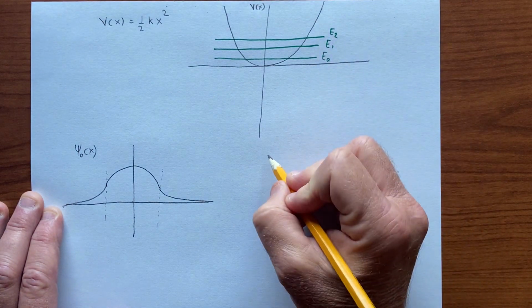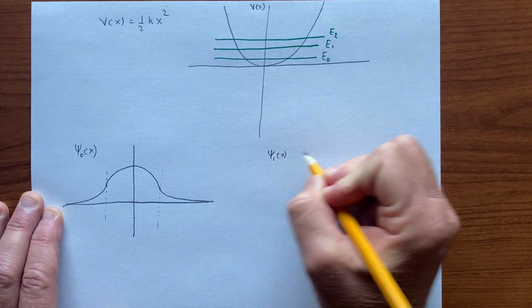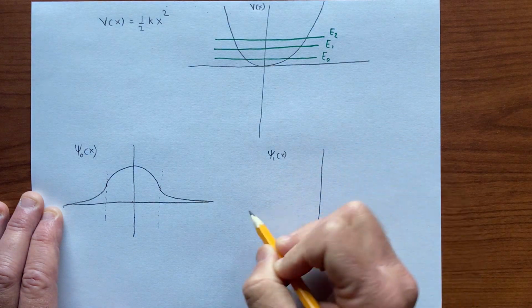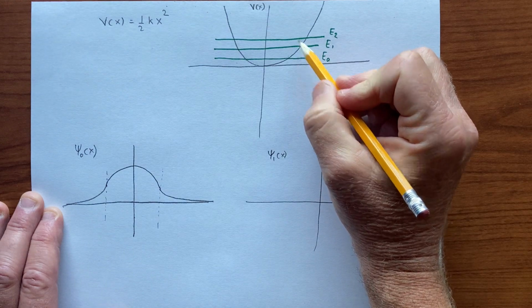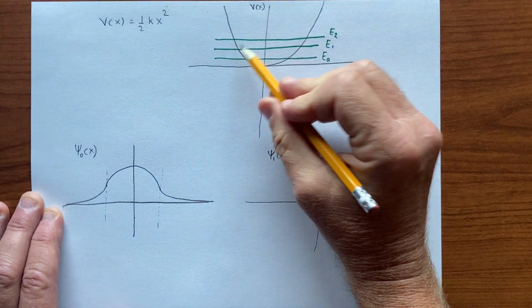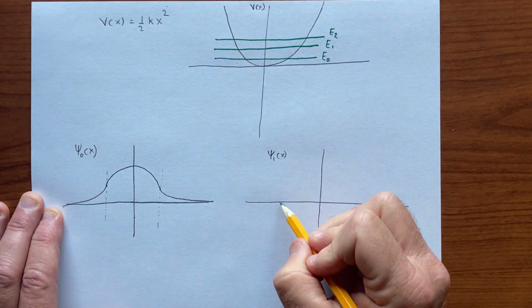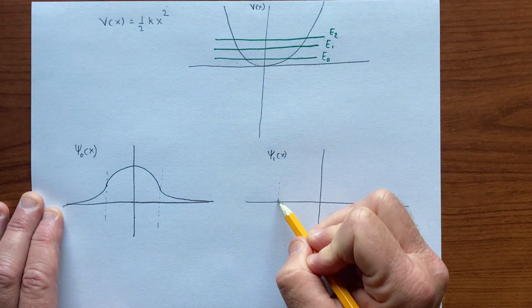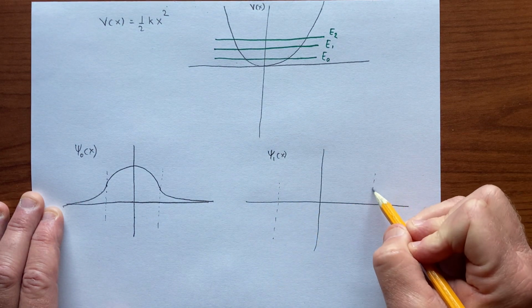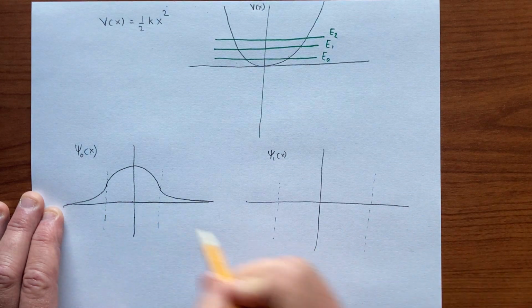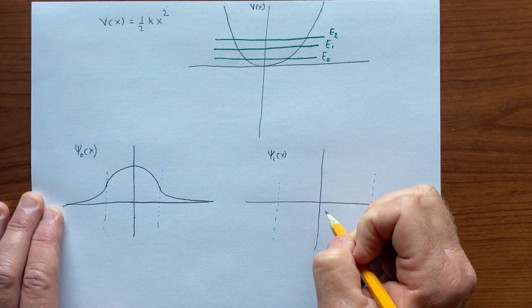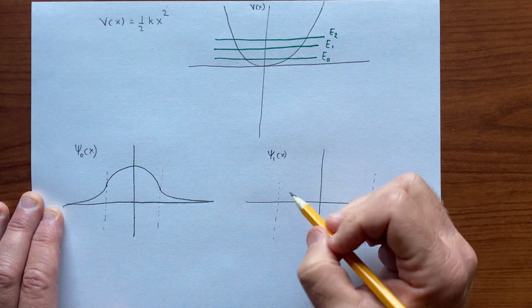For psi1, the first thing to notice is that we are moving further away. The turning points are further away. And so if we do something like this, so we're further away than we are here, then we have the odd function, right?